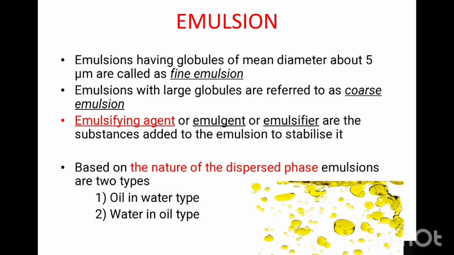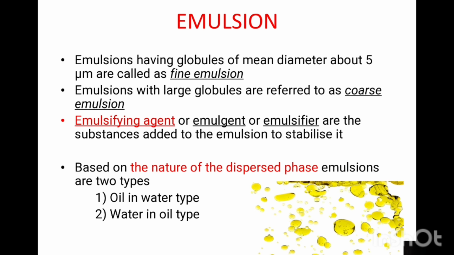Emulsifying agent is one of the major ingredients used to prepare emulsion. It is also called emulgent or emulsifier. These are the substances added to the emulsion to stabilize it. Based on the nature of the dispersed phase, emulsions are of two types: oil in water type and water in oil type.